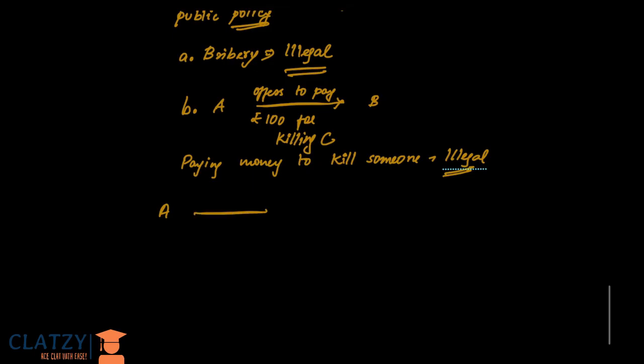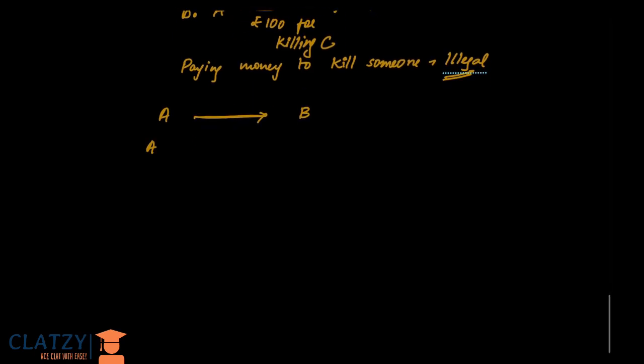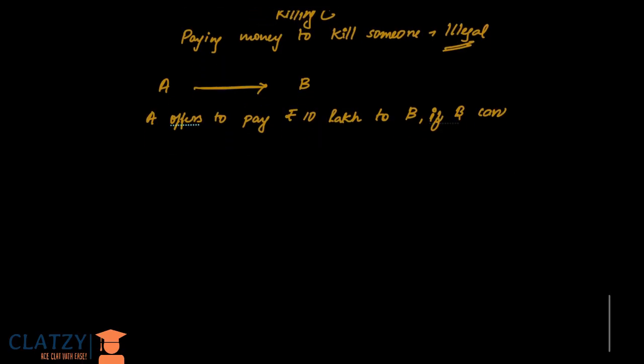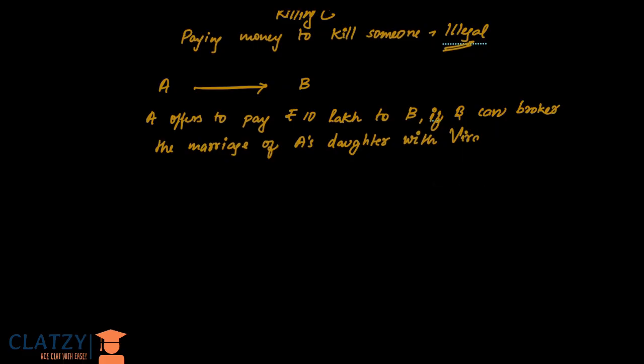Let's say A and B. A offers to pay rupees 10 lakh to B if B can broker the marriage of A's daughter with Virat Kohli.